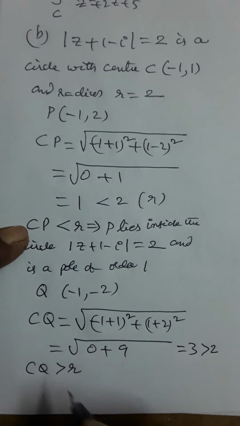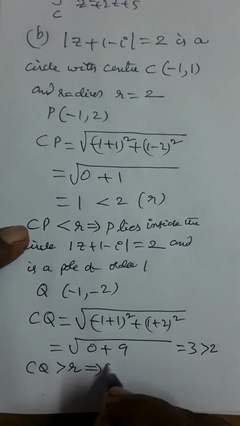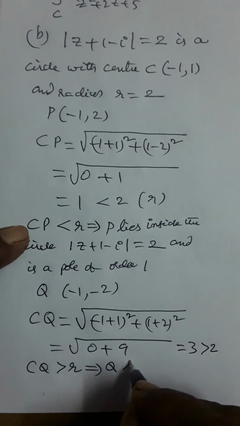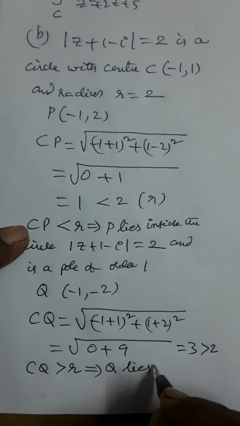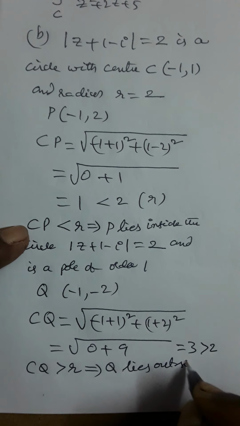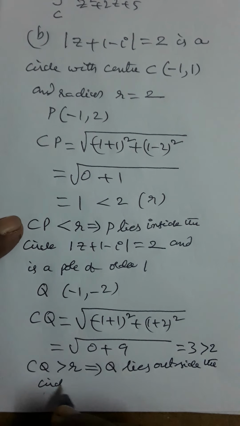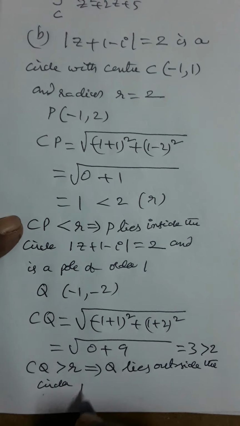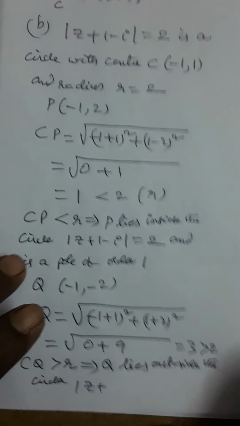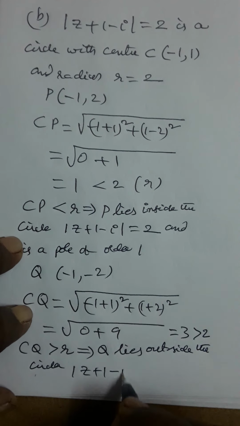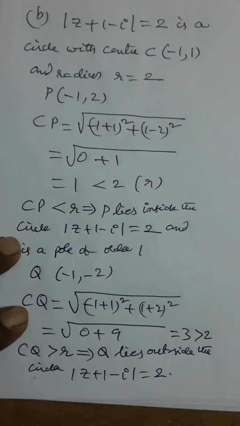CQ greater than r implies Q lies outside the circle mod z plus 1 minus i is equal to 2.